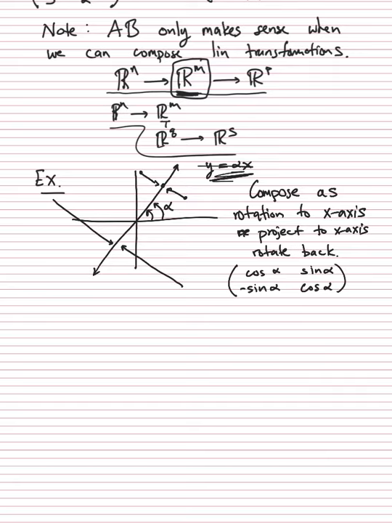This is what I want to measure. So you're projecting onto a line, and the rotation angle from that line to the x-axis is alpha. So this is actually going counterclockwise. So what we want to do is first rotate this clockwise to the x-axis. So you get the matrix, oh, sorry, so I did get that right. Cosine alpha, sine alpha, minus sine alpha, cosine alpha is the clockwise rotation. Okay? Then we project onto the x-axis.